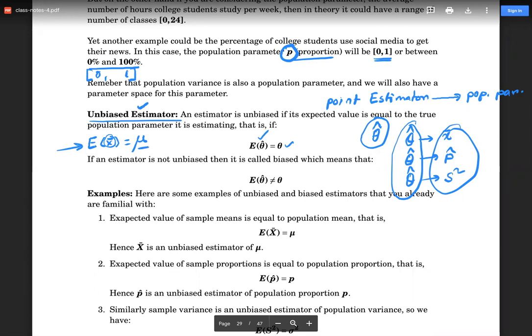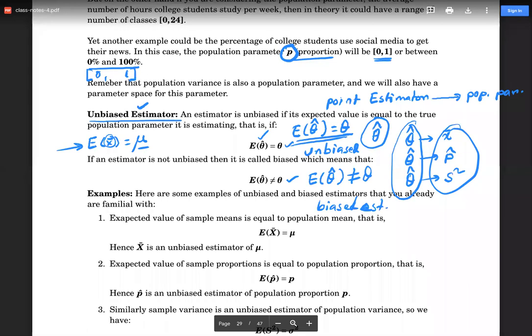Whereas if it is not, we call it a biased estimator. So if the expected value of theta hat is equal to theta, we call it unbiased estimator. Whereas if the expected value of theta hat is not equal to theta, we call it biased estimator. Okay, that's what it is.